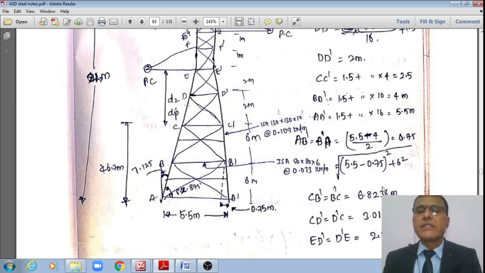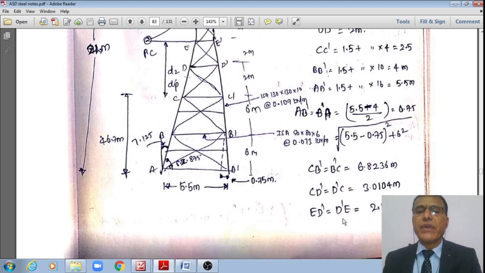It now works out to say 6.8236, and CD prime or C prime D is equal to 3.0104 meter, and DE prime or D prime E now works out to 2.0155 meters.